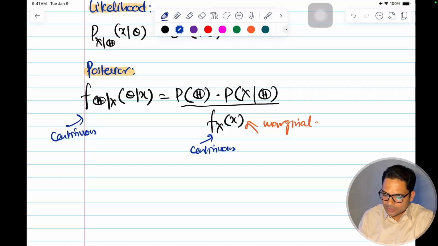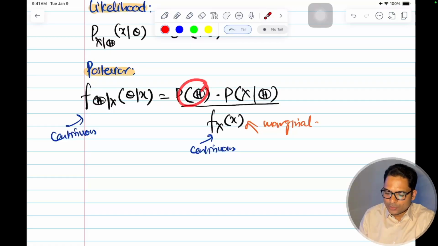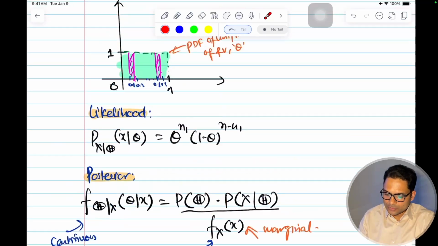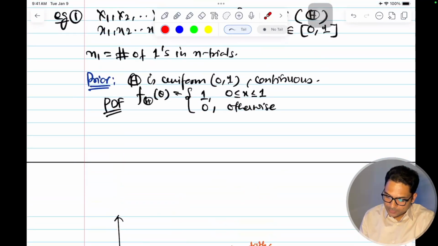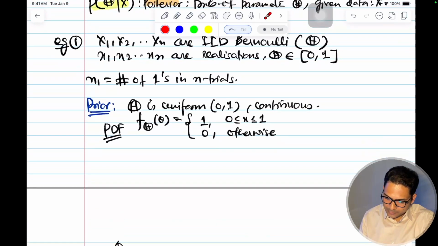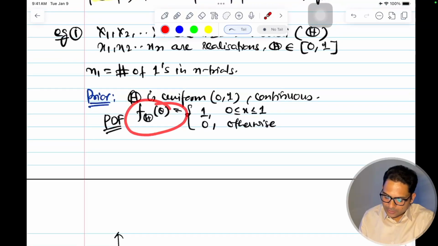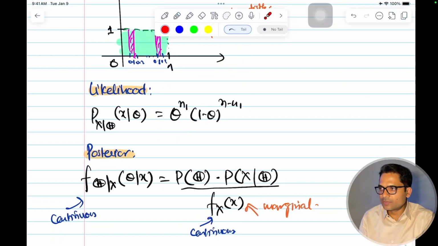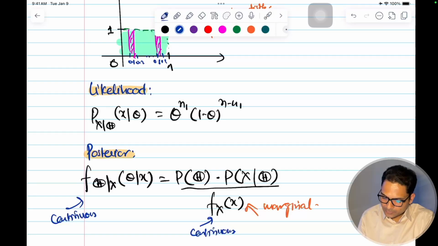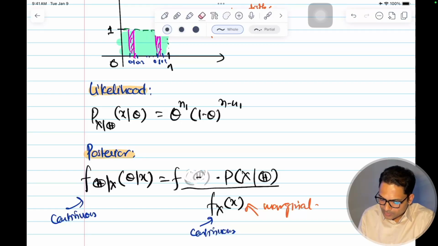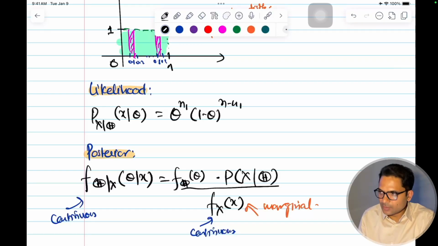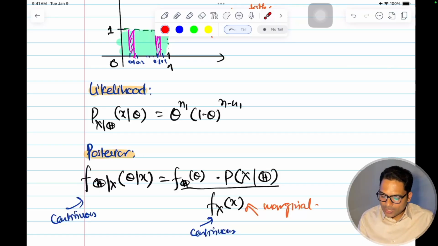So this is the marginal. We know this prior distribution, this f of theta, which will be my f of theta here also. I know this f of theta, this is a uniform.